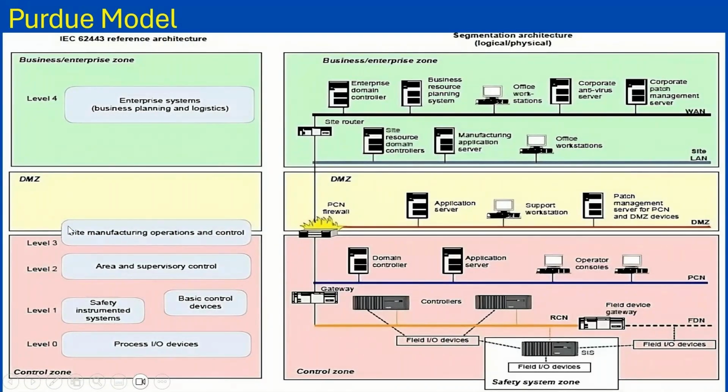Level 0 to level 3 is the core process control entities, or process control network. Level 4 is where the particular organization or industrial enterprise system comes into the picture. While I say the enterprise system, it is connected to the intranet.